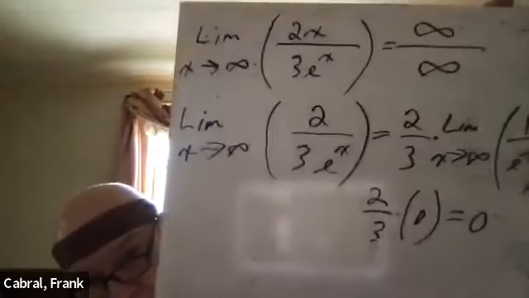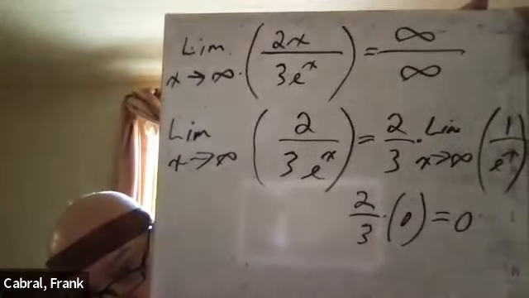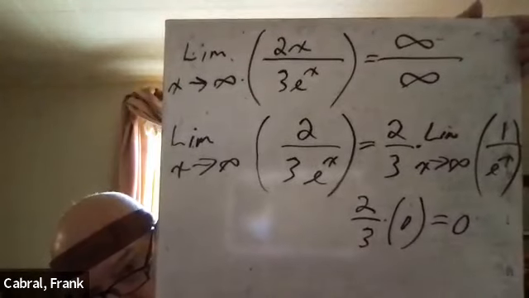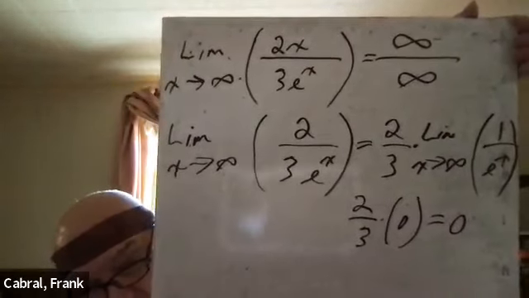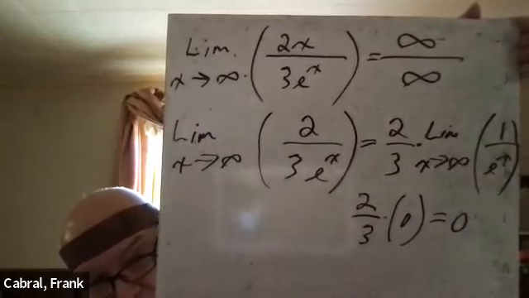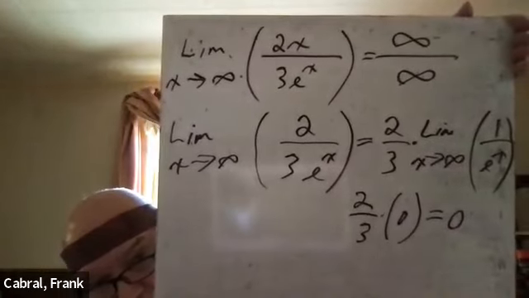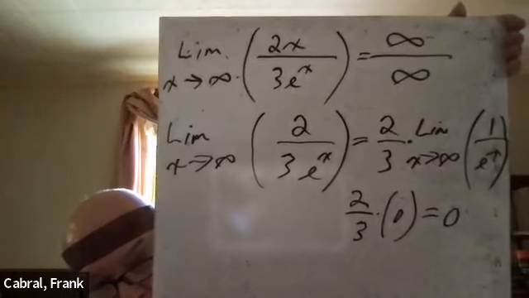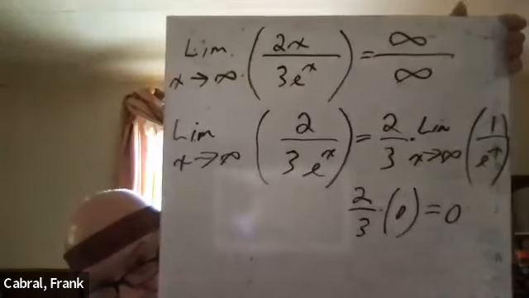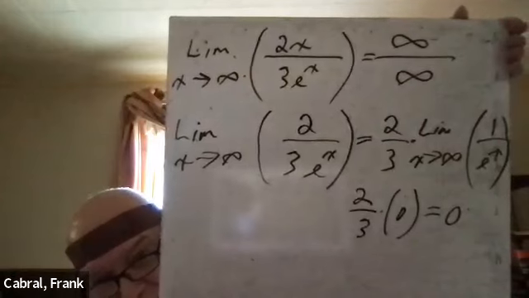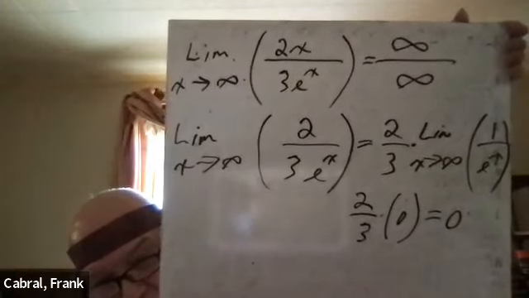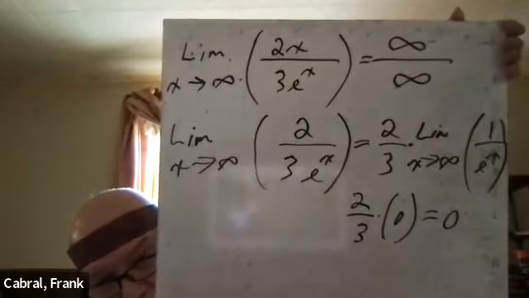So the original limit as x approaches infinity of 2x over 3e to the x turns out to be one of our indeterminate forms. In applying L'Hopital's rule once, we end up with 2/3 times 0, which is equal to 0. That means that if you take a look at this original function, 2x over 3e to the x, you will see that the x-axis is a horizontal asymptote as the function goes to infinity.